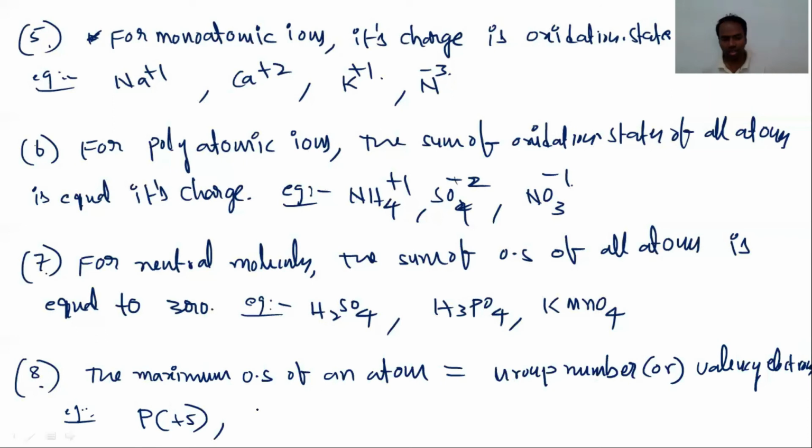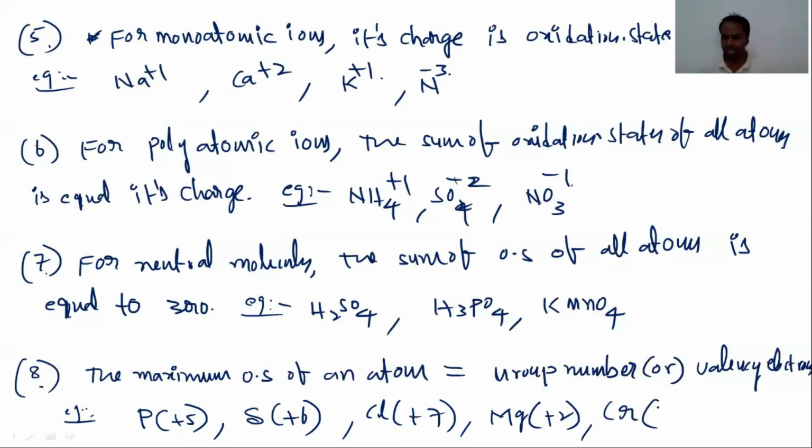Maximum state. Sulfur, 6th group, +6. Next, chlorine, +7. Magnesium, what is the maximum state? +2. Chromium is 6B, so 6B means +6. Otherwise, valency electrons are the sum of ns and (n-1)d electrons.